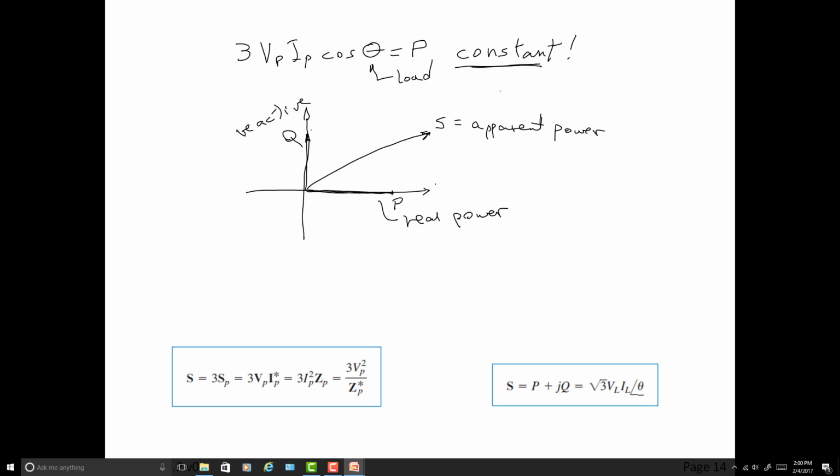That's the real power. And these sum. And where's the angle? This is the angle, right? So you can see if the load and the whole delivery system was all in phase, all of this apparent power would really be folded down here, and it would all be real power delivered to the load.